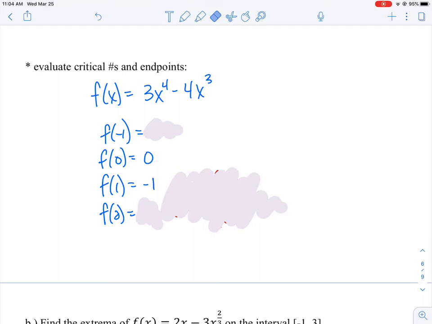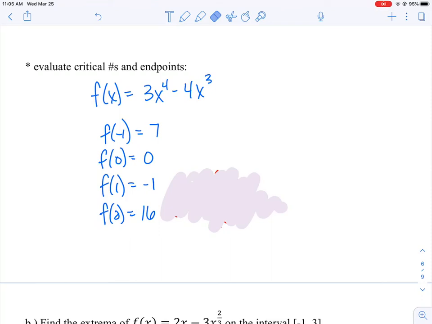I want to test -1 in my original. I also want to test 2 in my original to see if those endpoints are higher or lower than those humps. So plugging in -1 to your original, you should get 7. Plugging in 2 to your original, double check, make sure you get the same answer as I do, I got 16. So now I have 4 possible places where I have highs and lows.